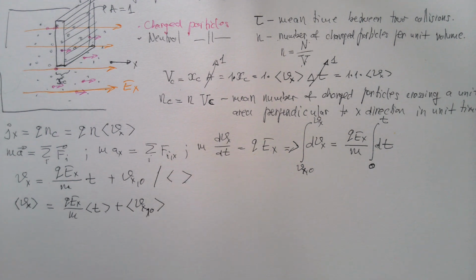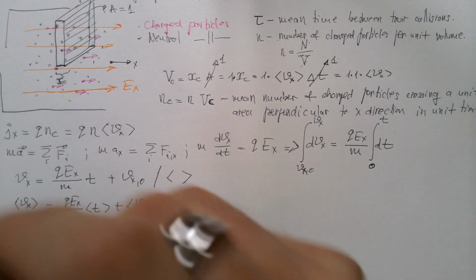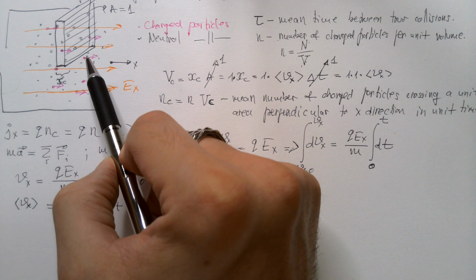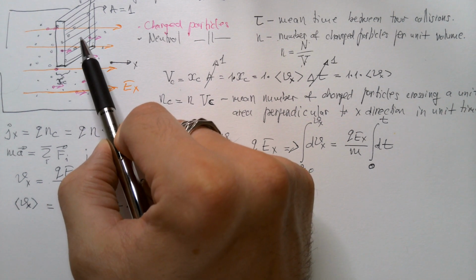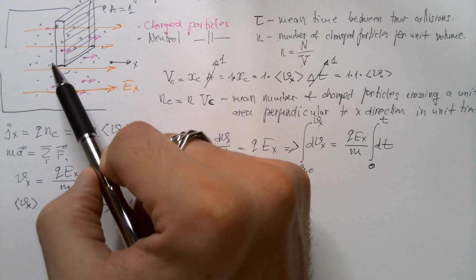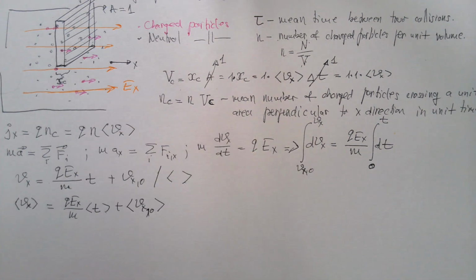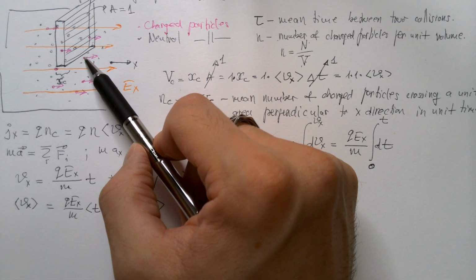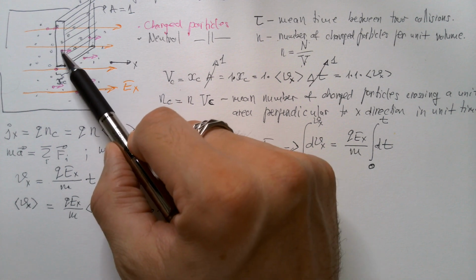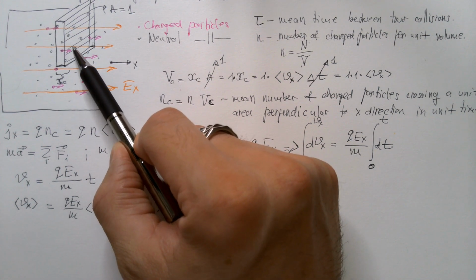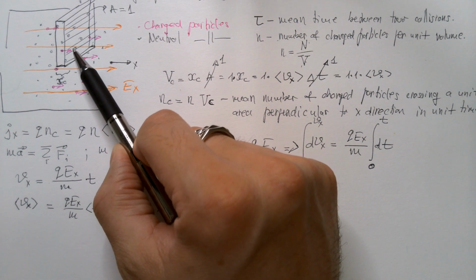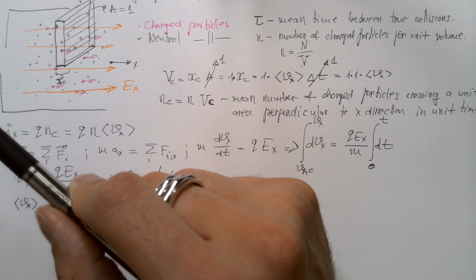What I will say now are very important arguments. We shall assume that after each collision between these charged particles and these neutral particles, the charged particles on average restore to thermal equilibrium. What that means in more layman terms is that when a charged particle, let's say this one, collides with a neutral particle, let's say this one, it bounces off in a random direction irrespective of the particle's past history.